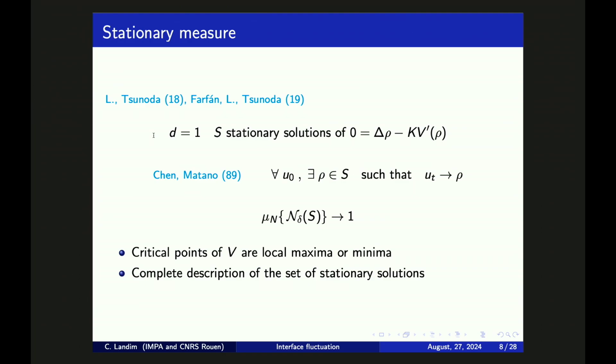So what can we do? Well, what we did is to use the dynamical large deviations. Let me mention that you have a complete description for certain potentials V. If V is a double well potential satisfying certain conditions, you can characterize completely the set of stationary solutions of this equation.